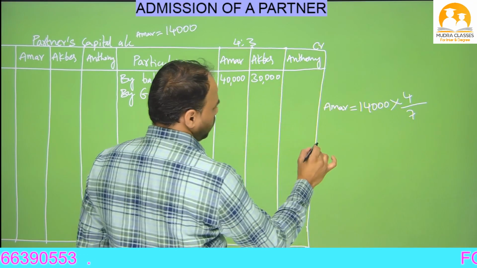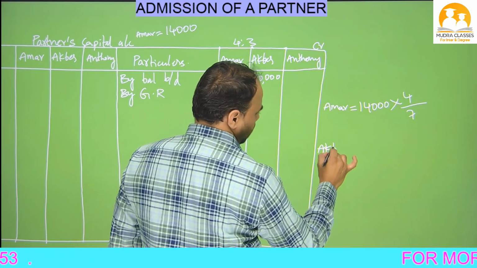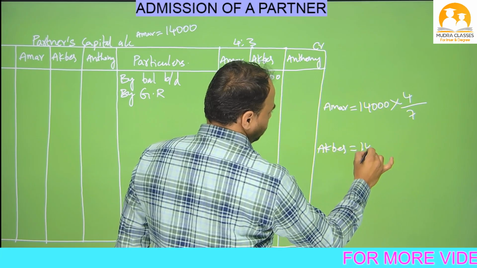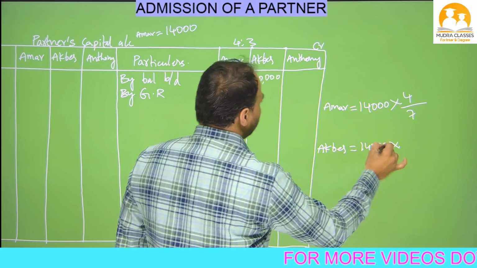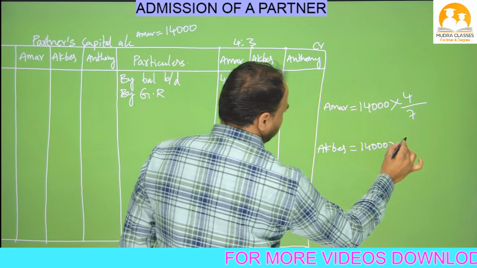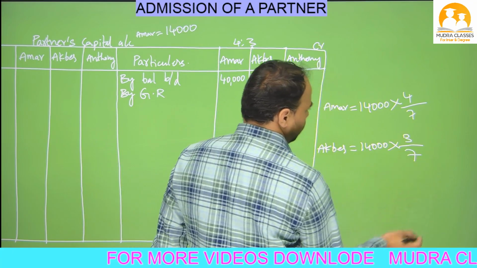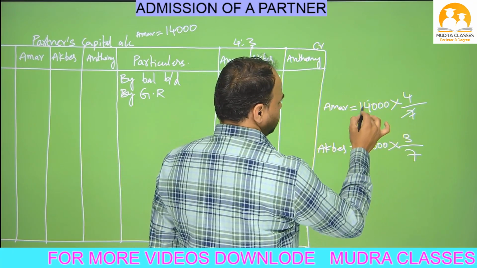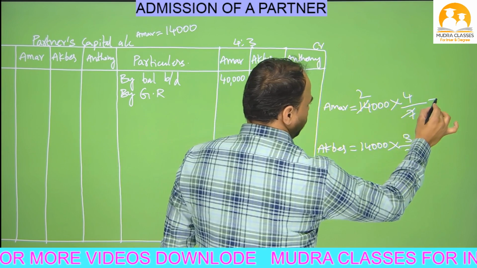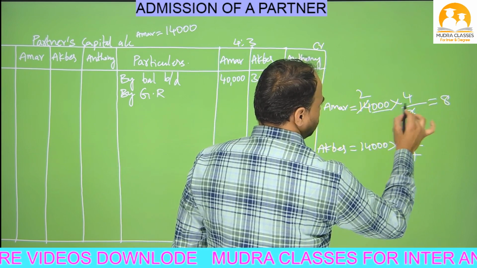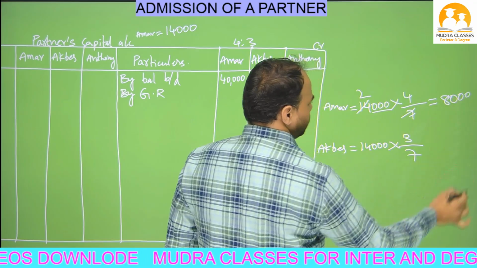Now Akbar, what is the Akbar ratio? General reserve amount 14,000 rupees times Akbar's ratio: 3 divided by 3 plus 4, that is 3 by 7. Now do cancellation. 7 ones are 7, 7 twos are 14, 2 fours are 8, and 3 zeros left, so 8,000 rupees.